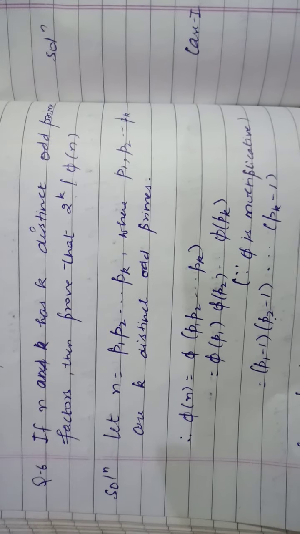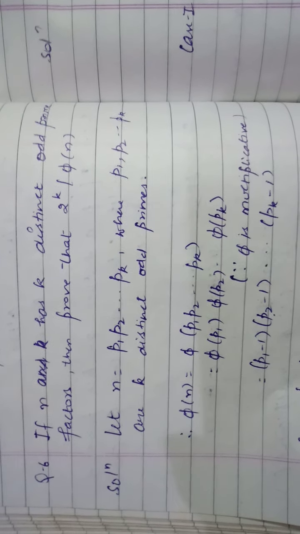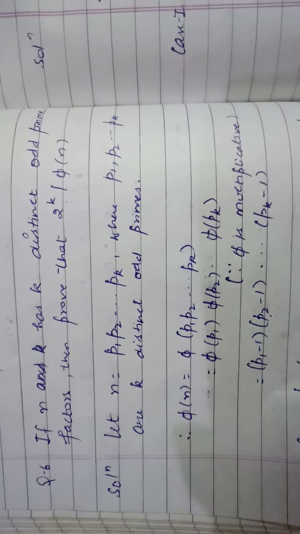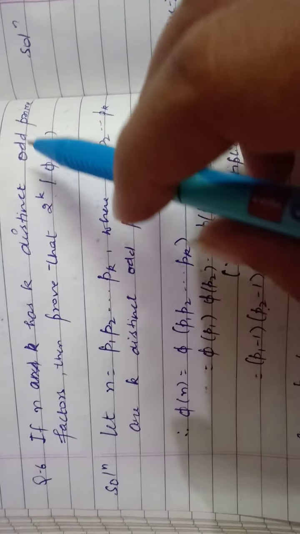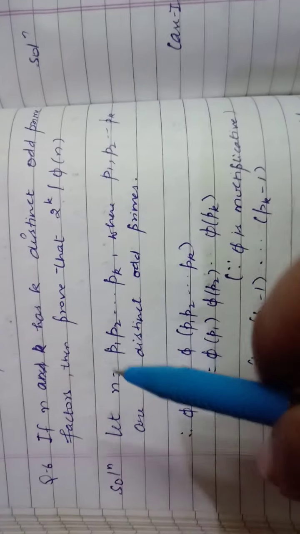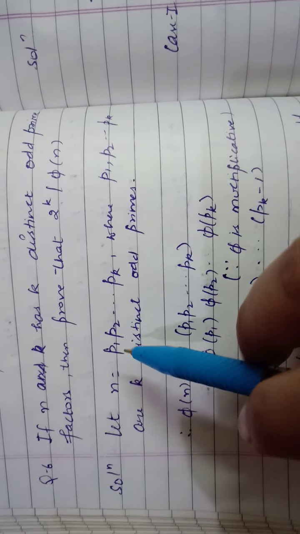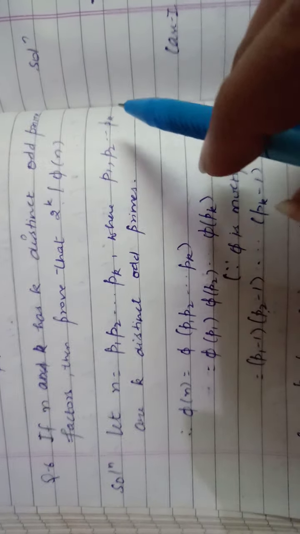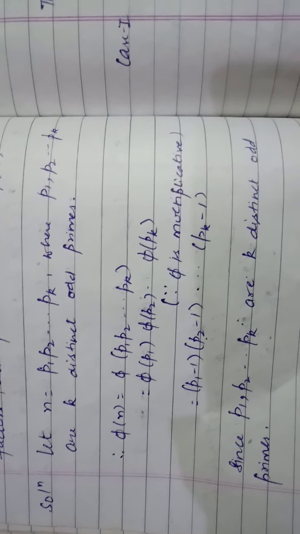Next question. If n has k distinct odd prime factors, then prove that 2 raised to the power k divides phi(n). Now it is given that n has k distinct odd prime factors. Therefore n can be of this type: n equals p1, p2 up to so on pk, where p1, p2, pk are distinct odd primes.